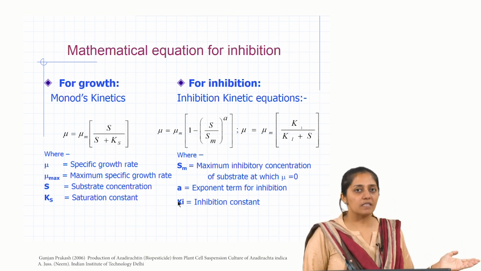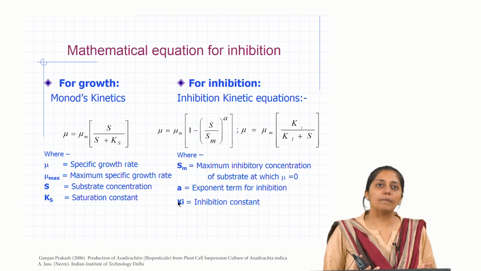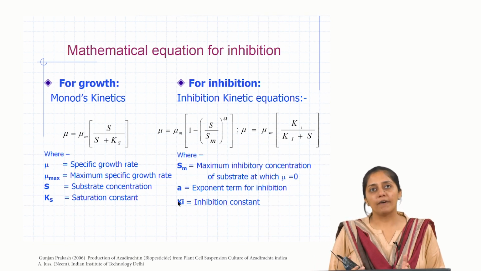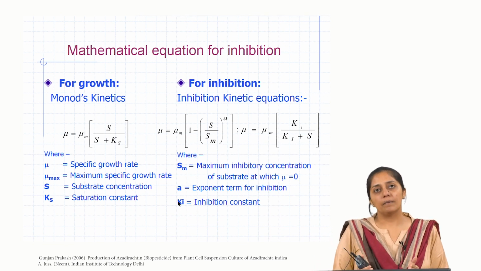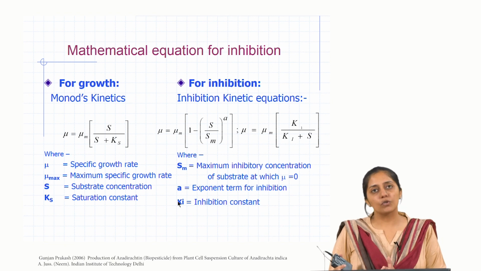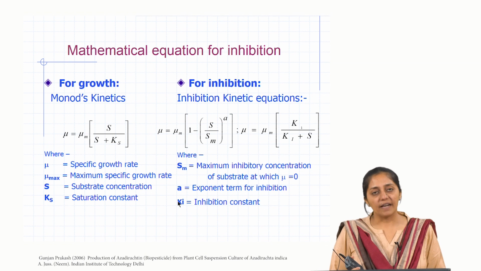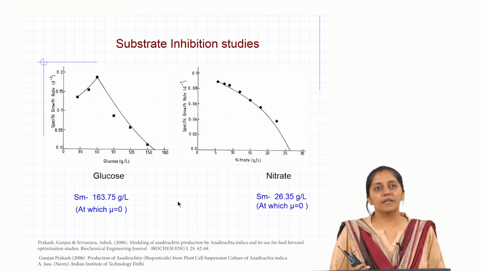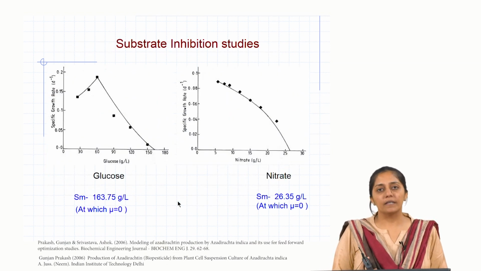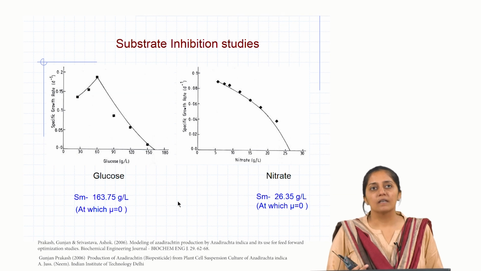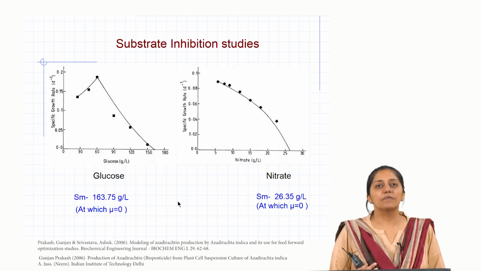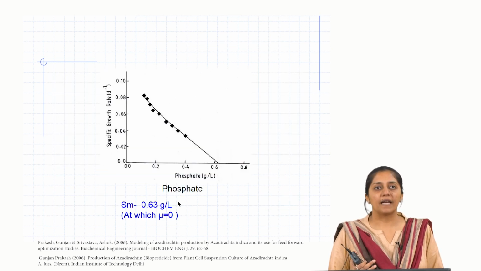If you can see on the slide, for growth they picked up Monod's model, and for defining inhibition they picked up Luong's model and also the asymptotic inhibition kinetics. They tried to fit the data for substrate inhibition for different rate limiting substrates. The substrate inhibition studies were carried out with respect to glucose, nitrate and phosphate.